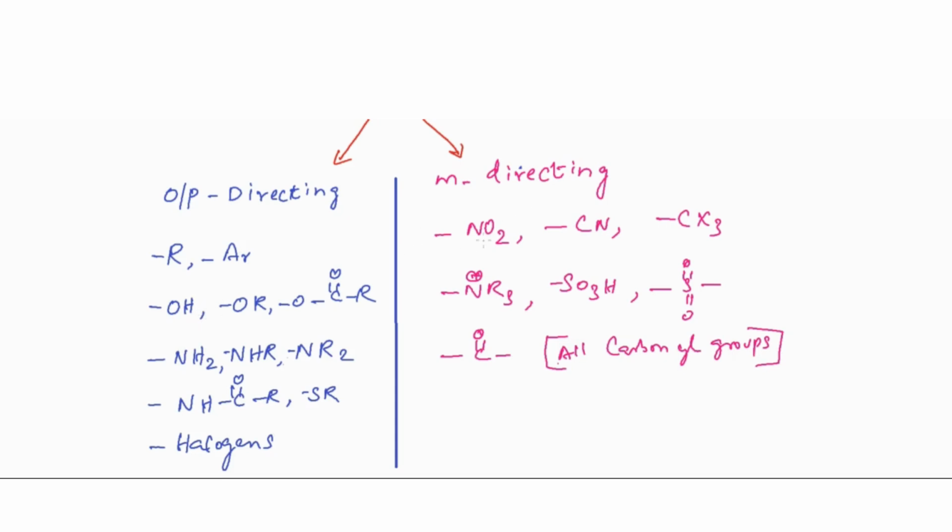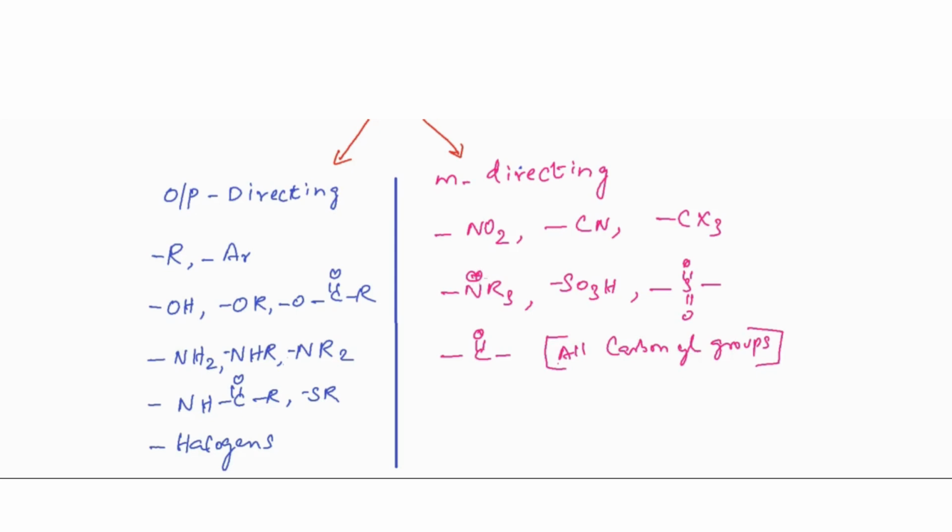And these are the meta directing groups: nitro, cyano, trihalomethyl CX3, where X is a halogen, NR3 plus, a quaternary ammonium, sulfonic acid SO3H, any sulfonyl group, and all carbonyl groups, that is C double bond O. These all are meta directing groups.